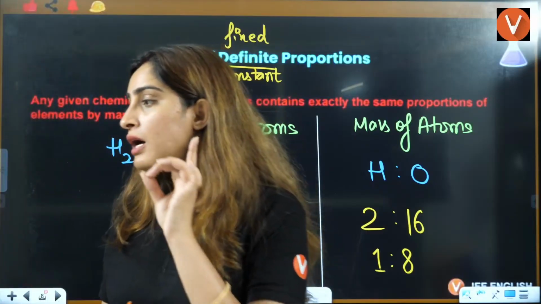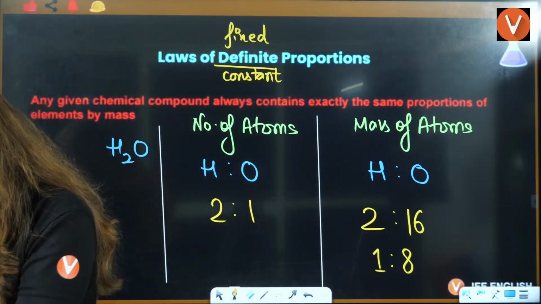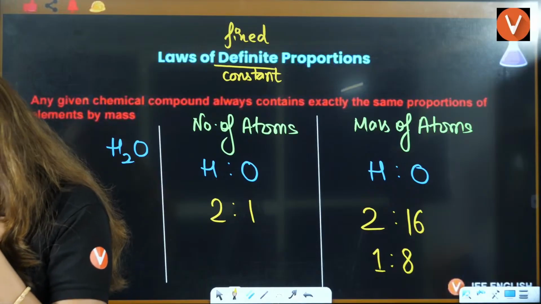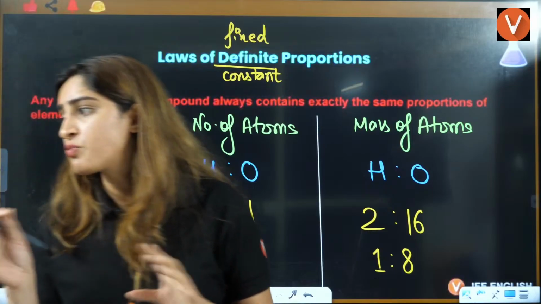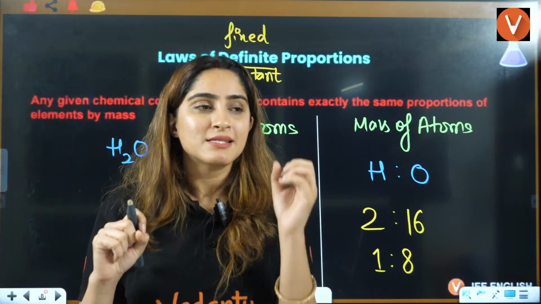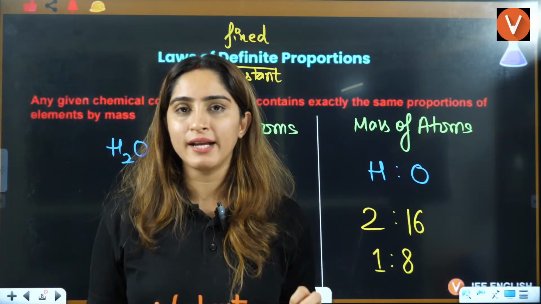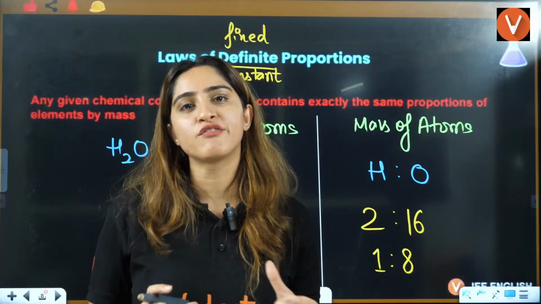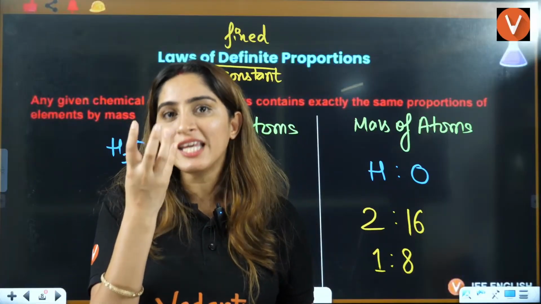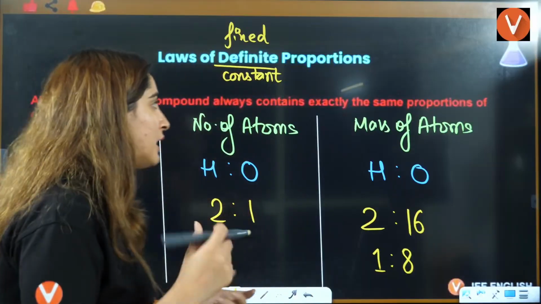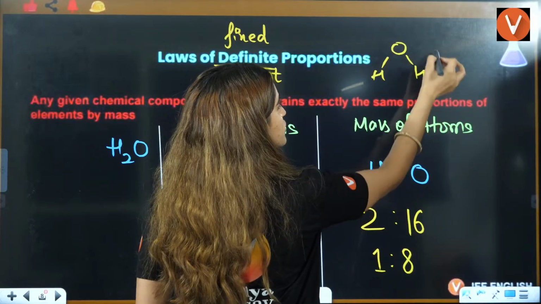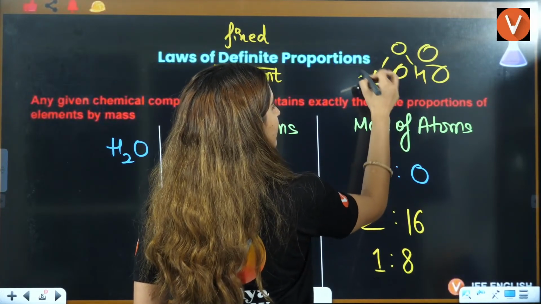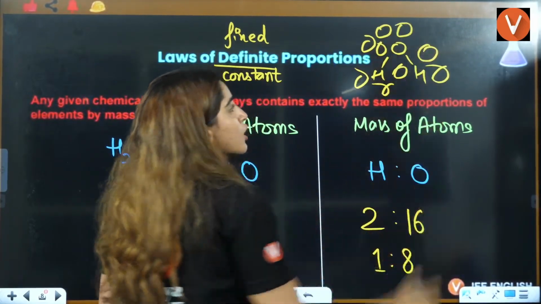If they have mentioned 1:8, that means they are talking about ratio by mass. Now coming to Abhijit's question. Abhijit is asking, ma'am, impurities will not affect the formula? See, impurities are different and the formula is different. The molecule of water is like this, and impurities are lying around it.